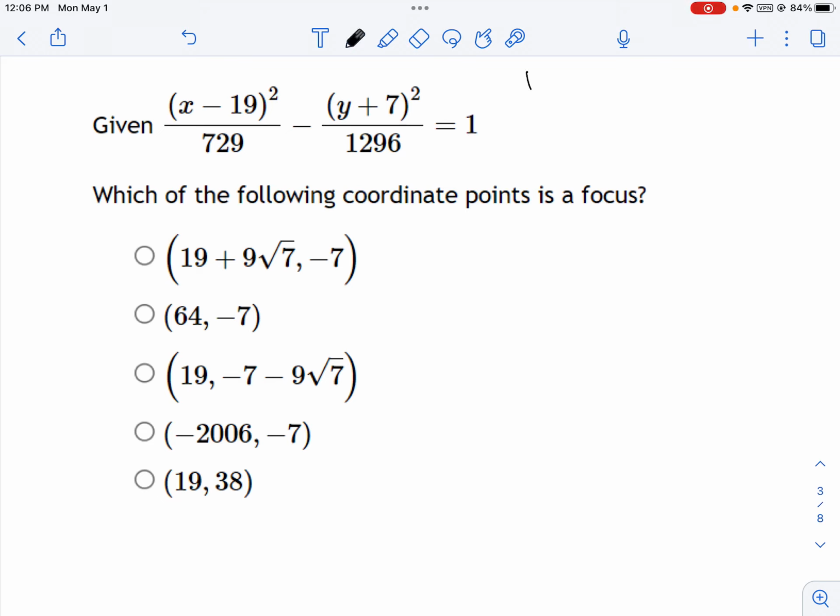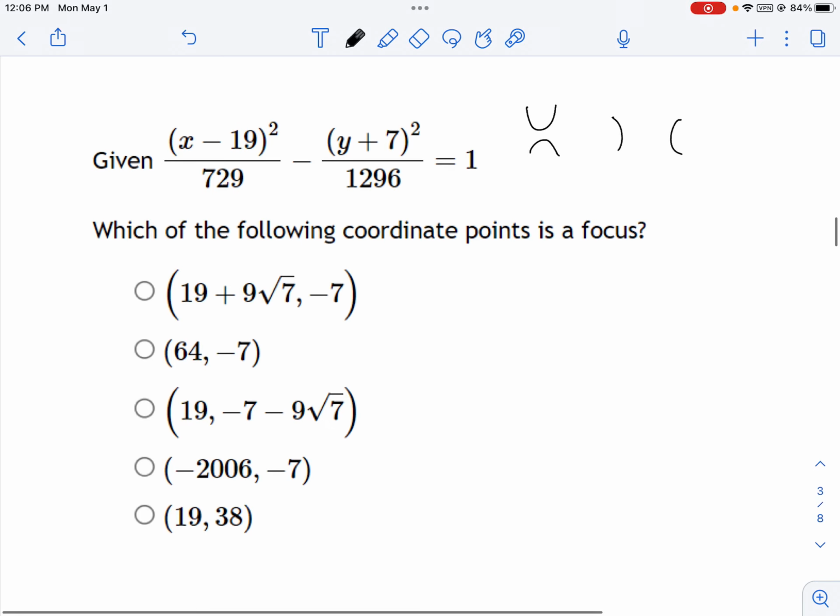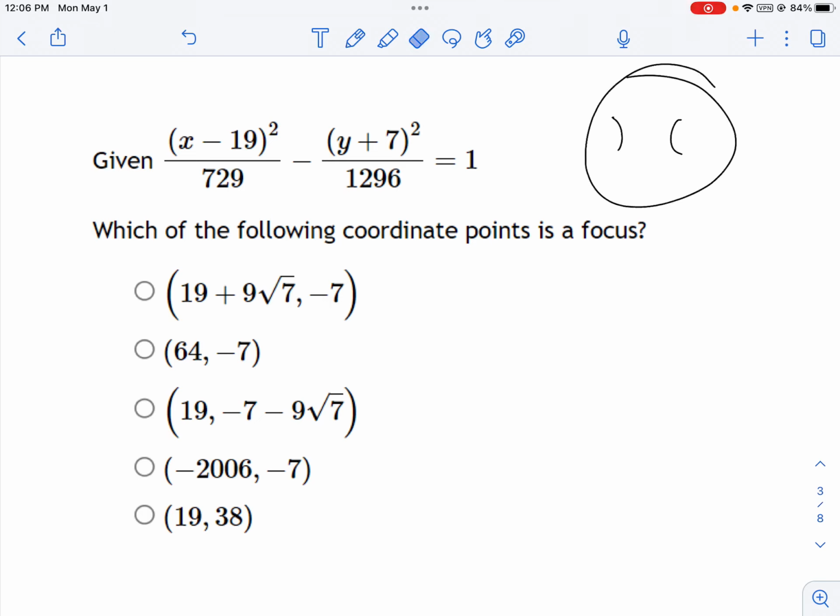Okay, so you have either vertical orientation or horizontal orientation. How do we know which one is which? That depends on your subtraction, right? Which one is being subtracted, your x or your y? It's the y. Your y parentheses is being subtracted, which means x is positive and you're going in an x direction. So we know that we have a horizontally oriented hyperbola.